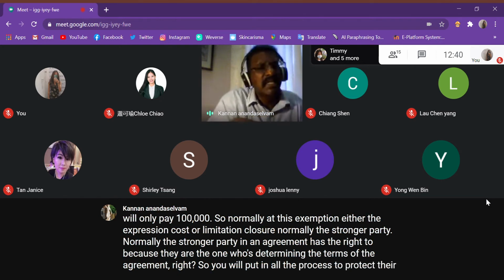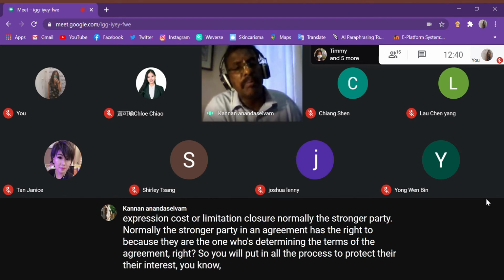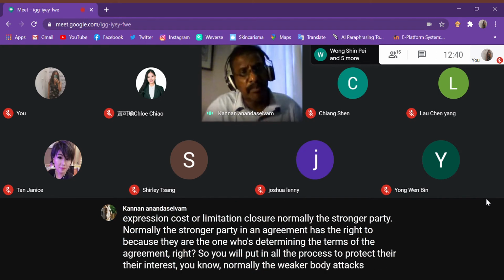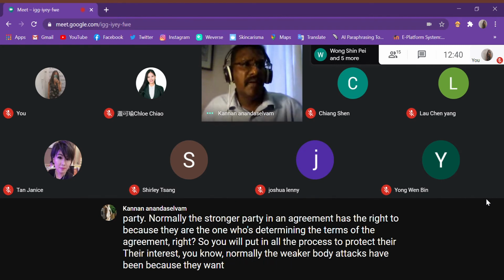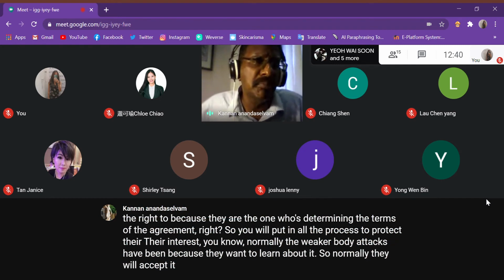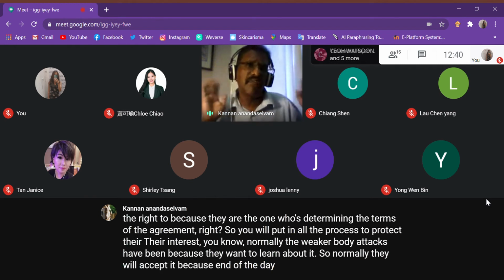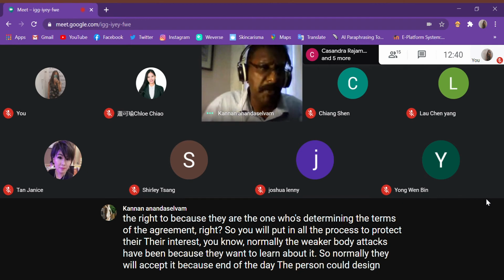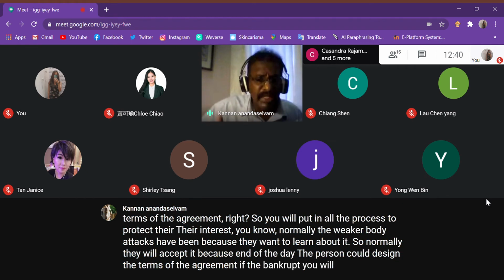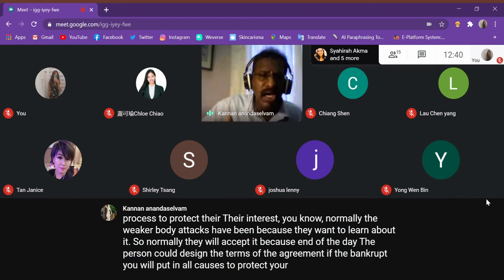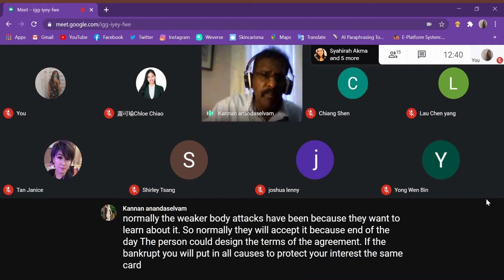Normally the weaker party has to accept it because they want a loan, right? So normally they will accept it because at the end of the day, the person who decides the terms of the agreement is the bank, right? They will put in all clauses to safeguard their own interest, am I right?